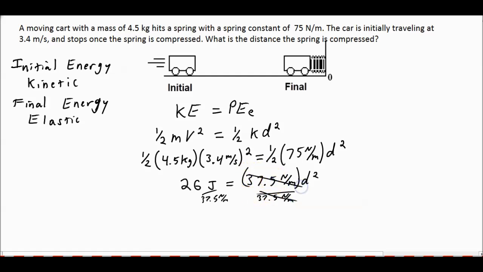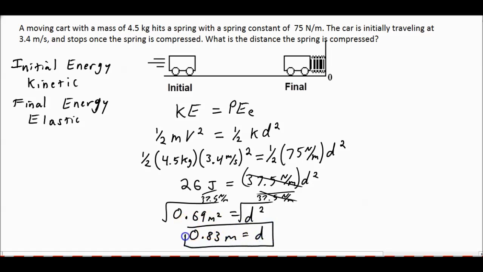This side will cancel out, and this side becomes 0.69 meters squared. It's our distance squared. And so we take the square root of both sides, and our displacement is 0.83 meters.